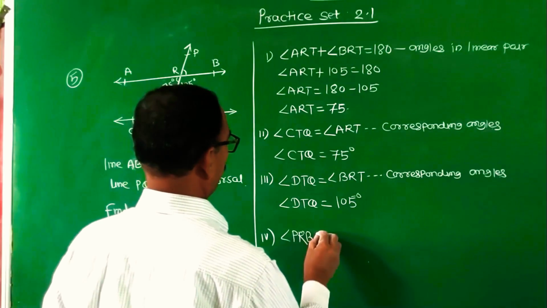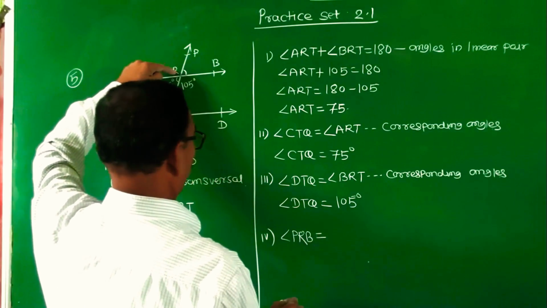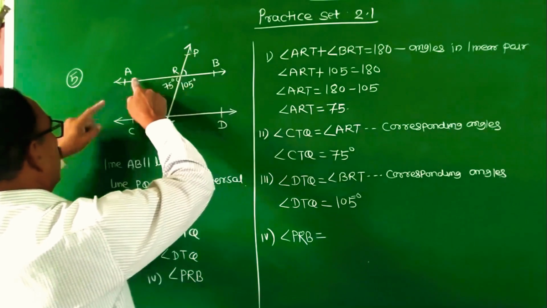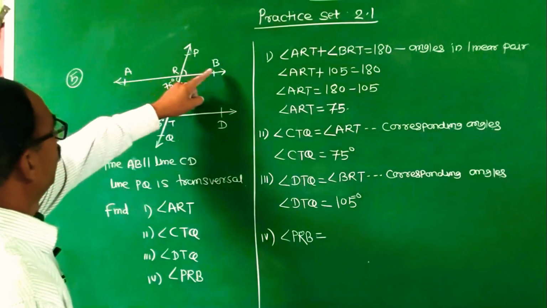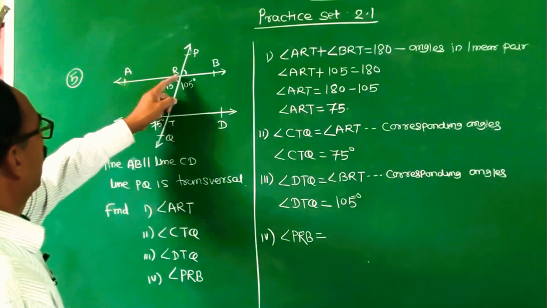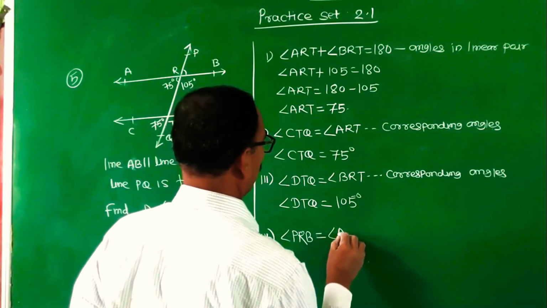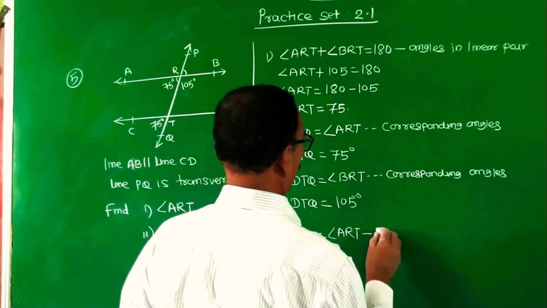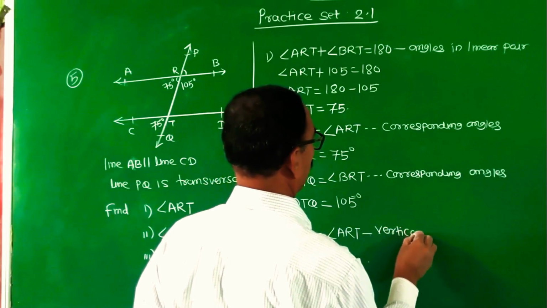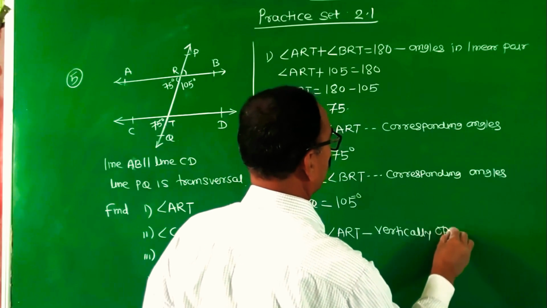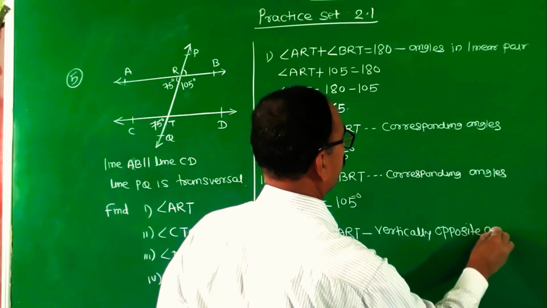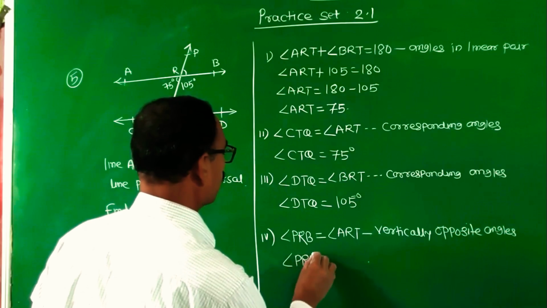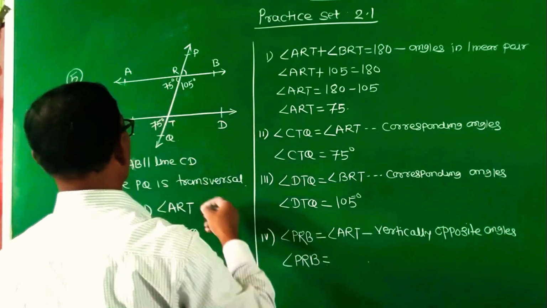Angle PRB and angle ART are vertically opposite angles. So angle PRB is equal to ART, and ART is 75 degrees.